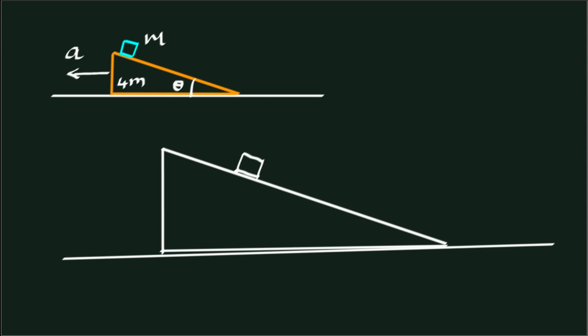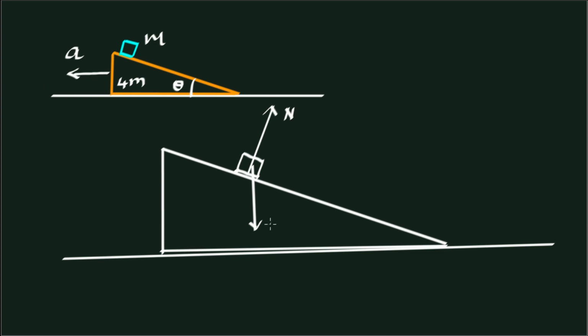In the wedge frame, what are the forces acting on the block? There is good old mg, force of gravity. There is the normal reaction, N, exerted by the wedge on the block. And apart from that, this is an accelerated frame. Its acceleration is a to the left.